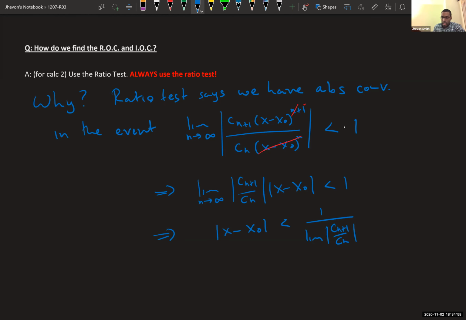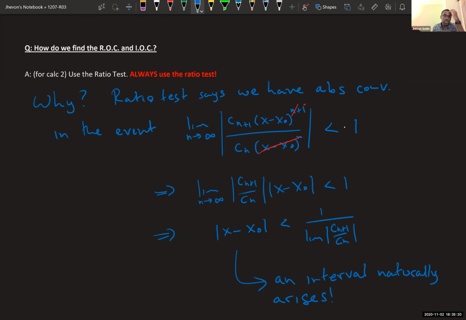Right? So this automatically gives you an interval. It naturally arises.